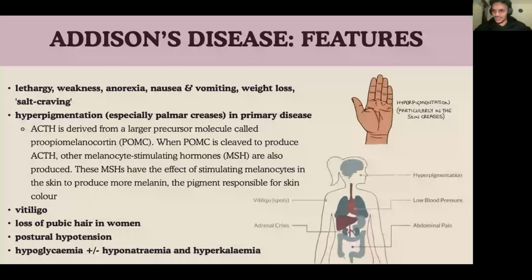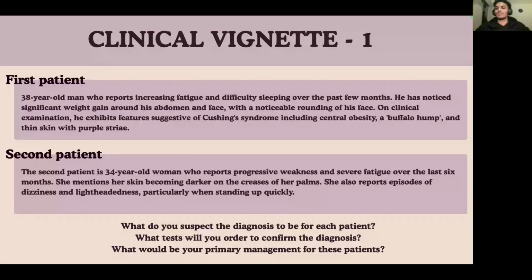So what do you think our first patient has? The 30 years is pretty much in the answer, actually. The first patient has Cushing's. You can really tell from the pathognomonic buffalo hump, central obesity, striae, and the round face. All right.